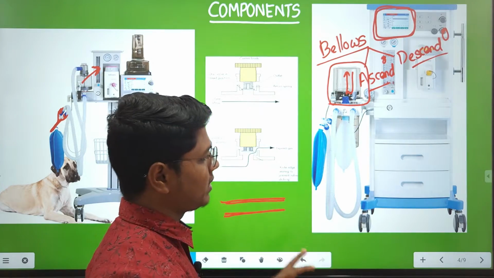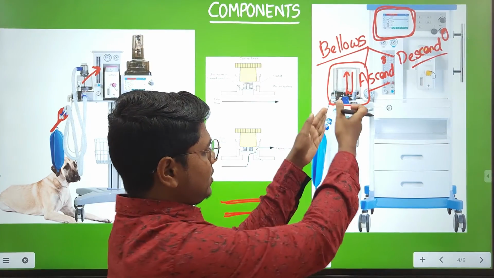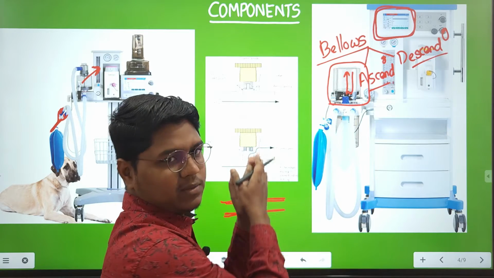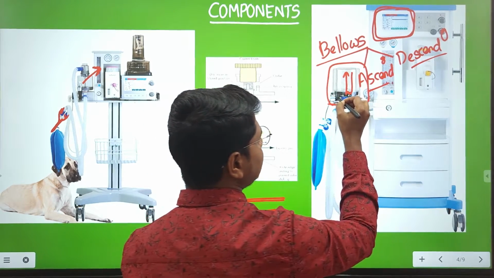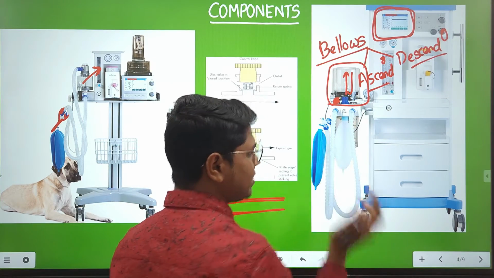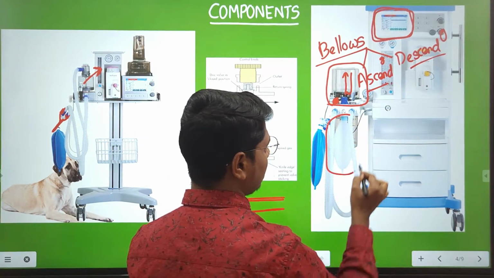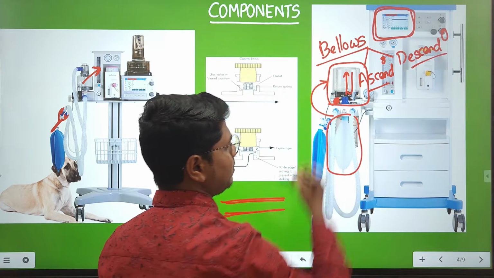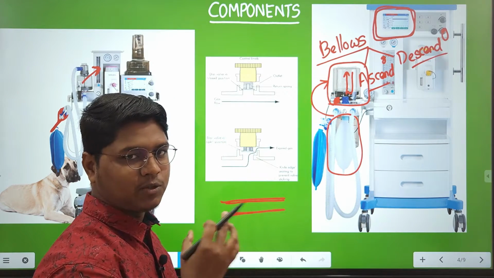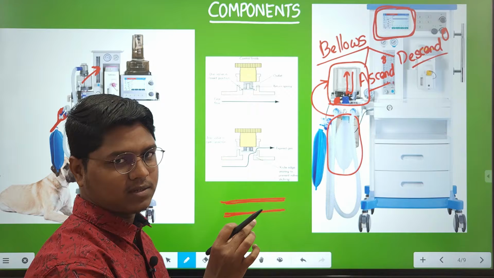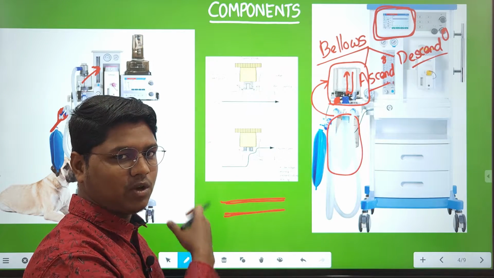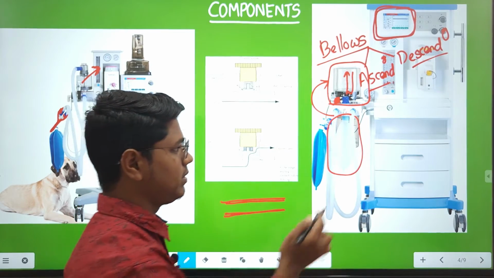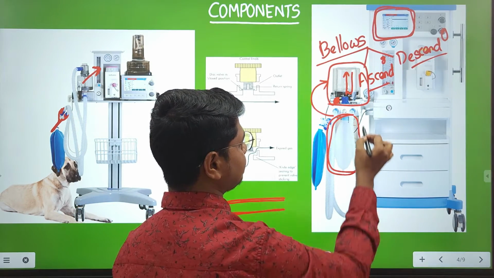In many modern anesthetic machines, there is another system installed for ventilation, the ventilation system. Here there will be a switch. You can either use this rebreathing bag or you can use this ventilation system or bellows. There will be a switch, the venti bag switch, VV switch. Either you want to use the ventilator bellows, or you can use the bag, this rebreathing bag.